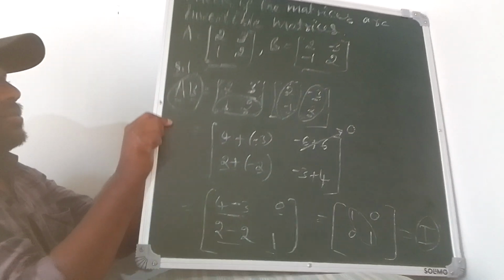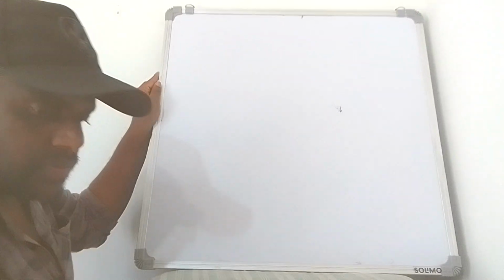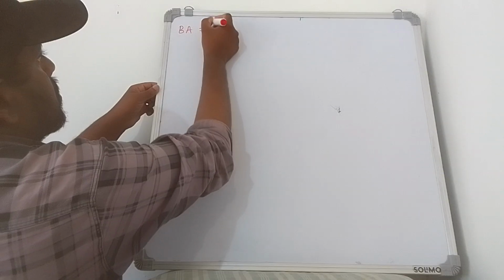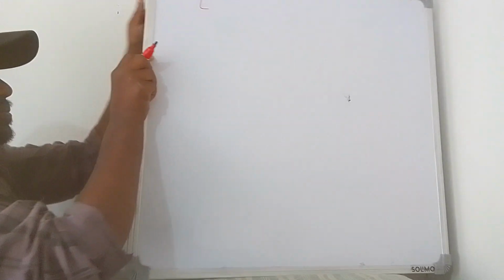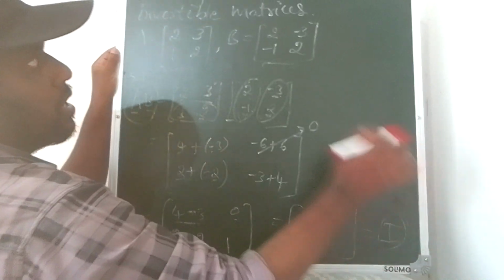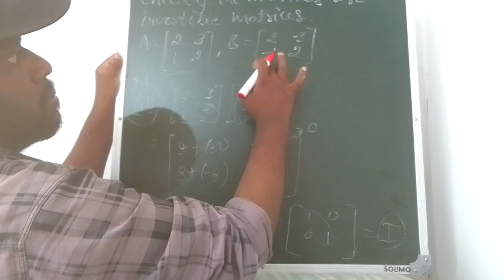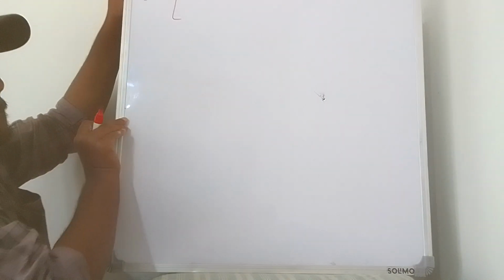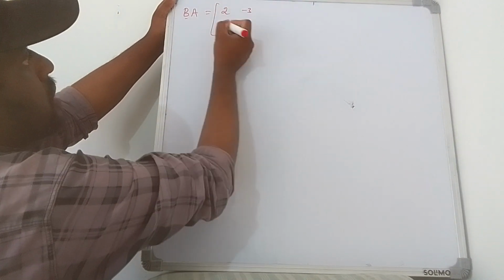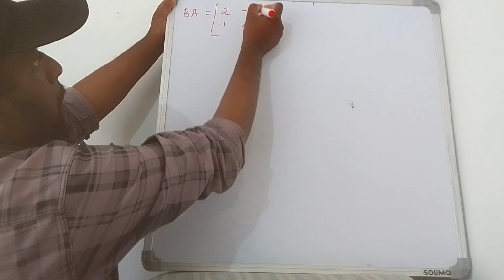Next we will see BA. Now we need to find BA. So matrix B. Matrix B is this. Okay. [2, -3; -1, 2].